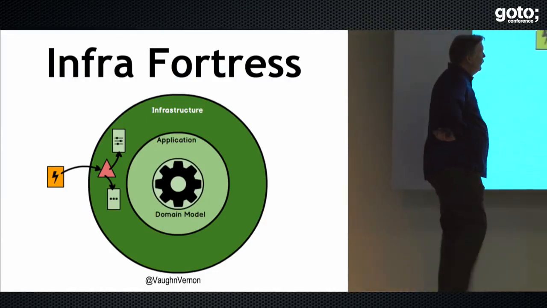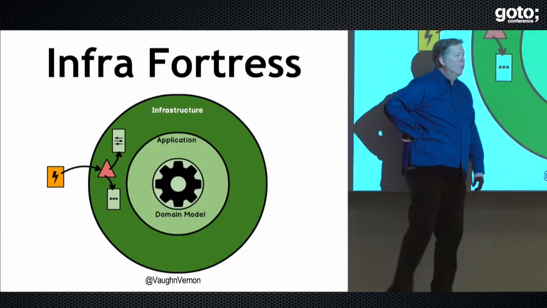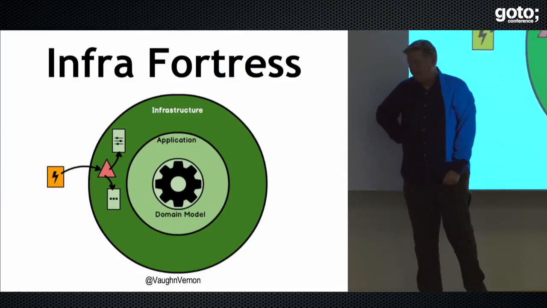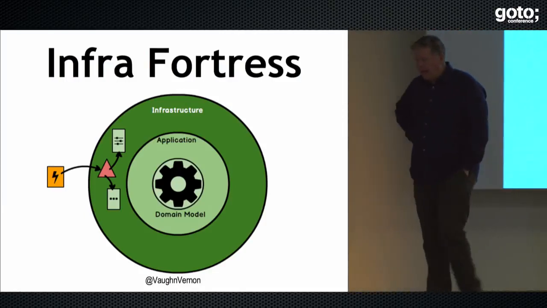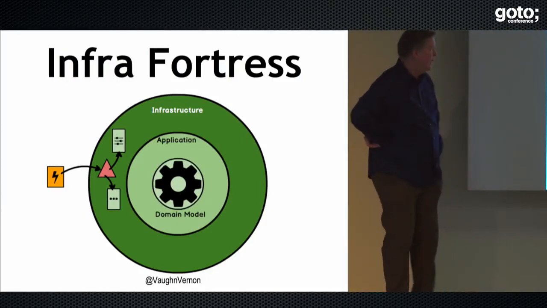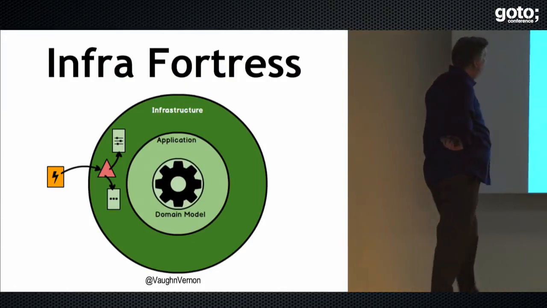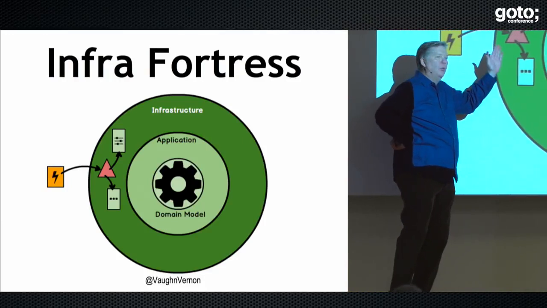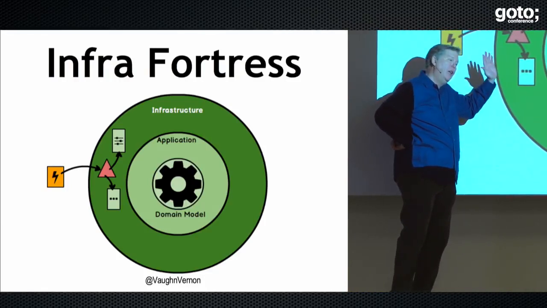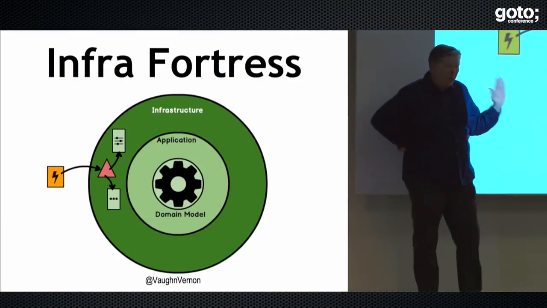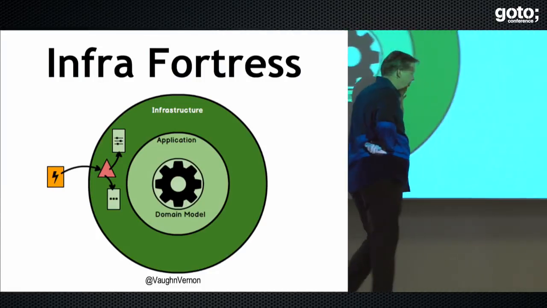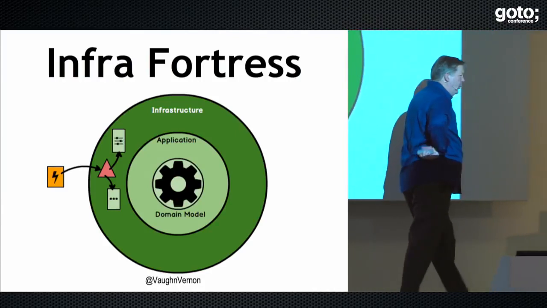But before we let the domain model have it, we're going to build a fortress at our infrastructure layer. And this fortress is going to guarantee that there are no duplicates of this particular event, and that this event is dealt with in the exact ordering that it occurred, okay? That's what we want to do.